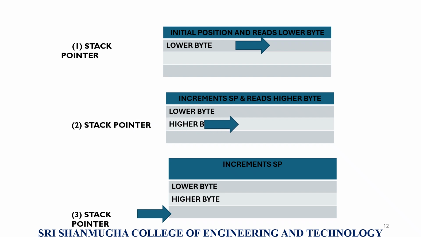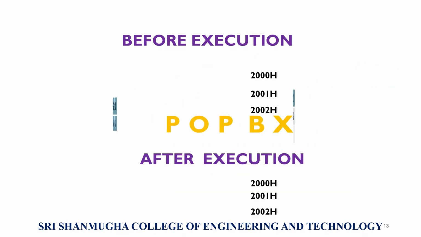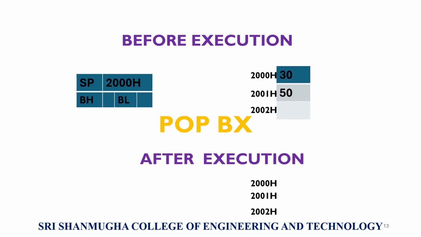Stack pointer: first the higher byte data will be moved, because it is the last data which was pushed, and then the lower byte will be moved, and the stack pointer will be auto decremented. You can see here before execution in 200h and 2001 we have the data 50 and 30, and we give the instruction pop BX.